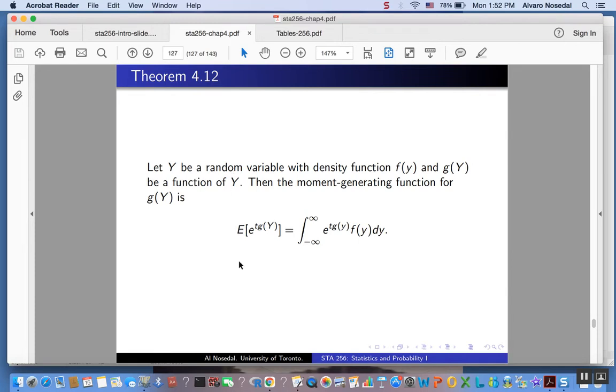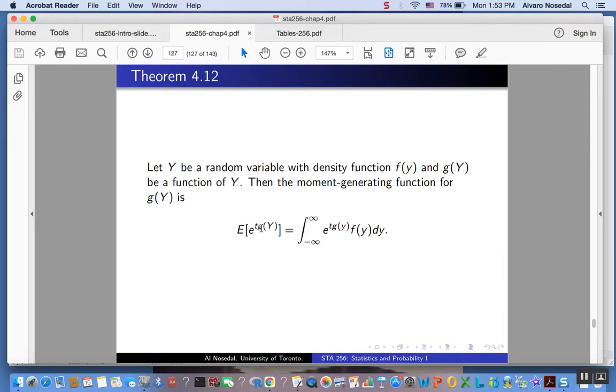So we know that the definition of the MGF of a random variable y is the expected value of e to the t times y power. Okay, just like that. Now, in this case, we have a generic transformation. We're calling it g of y. Using, I think it's theorem 4.4, we have the expected value of a function.